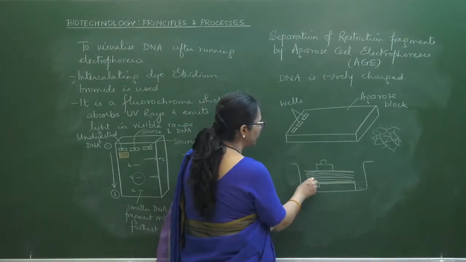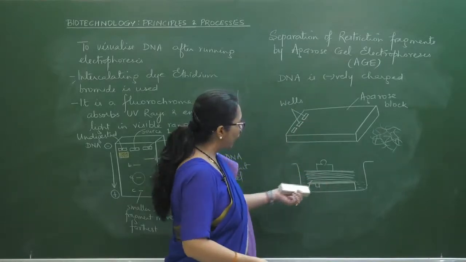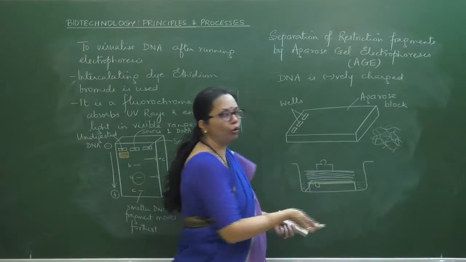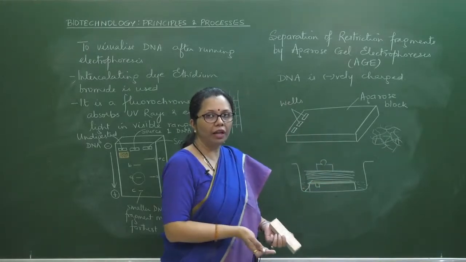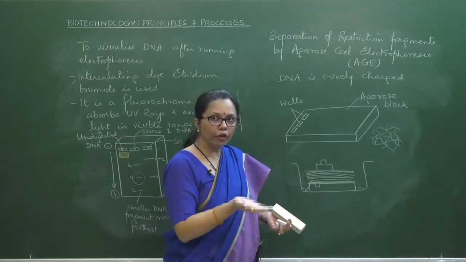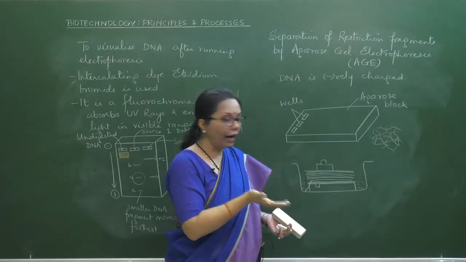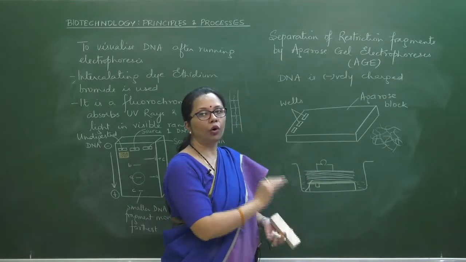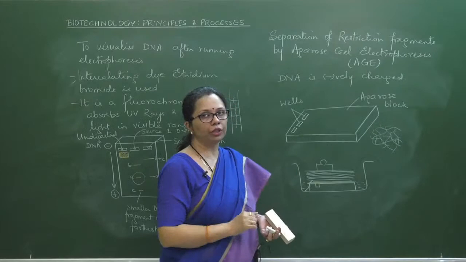The buffer would be rising up towards the filter paper, and when this buffer is rising, it will be rising through the gel block also. It rises through the gel block as well, and the DNA which is present in between also rises along with that, and when this DNA reaches the surface, it attaches on the nitrocellulose paper.